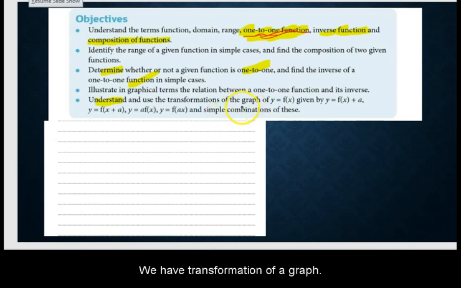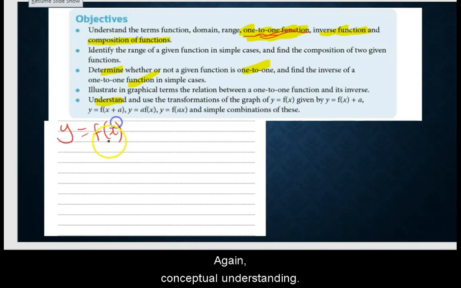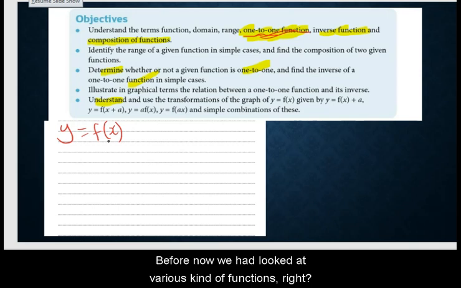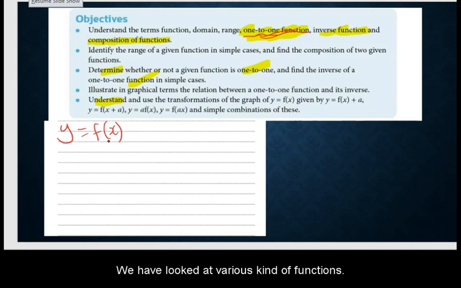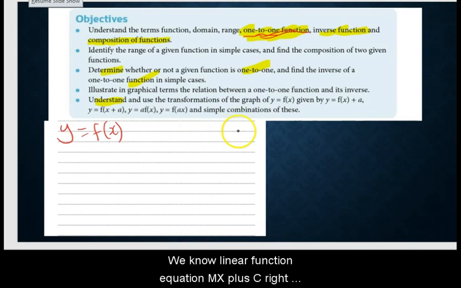Understand how all these transformations are to be used. We have transformation of a graph, y equals f of x. Again, conceptual understanding takes you back to IGCSE. Before now, we had looked at various kinds of functions, right? We know the linear function, y equals mx plus c.